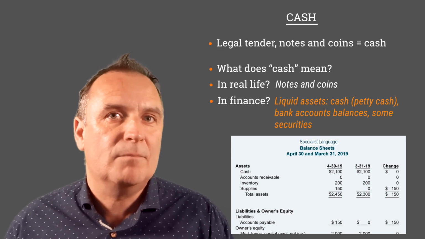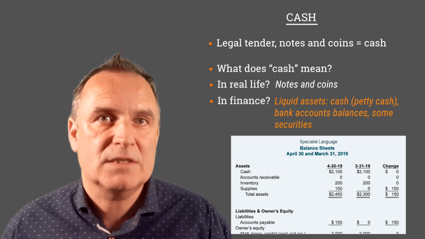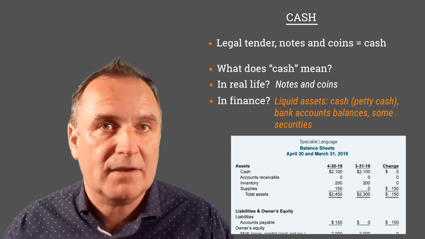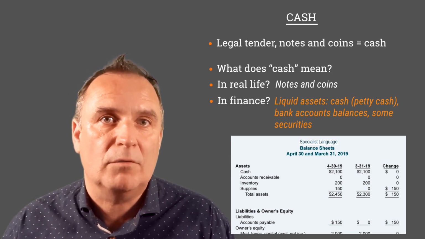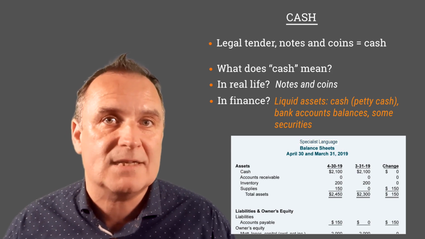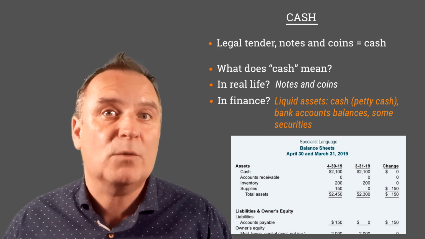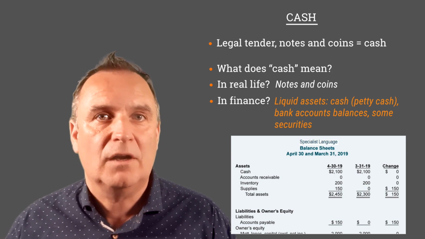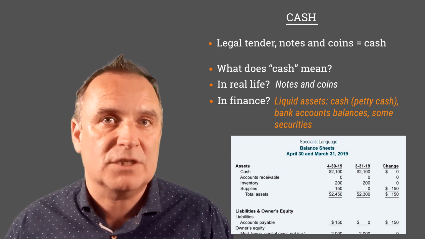Also, there'll be money in bank accounts. Now, this is obviously very liquid. It can be easily used to spend on buying things or on paying back debts. So this is a very liquid asset. So this also comes under the definition of cash in terms of a balance sheet.